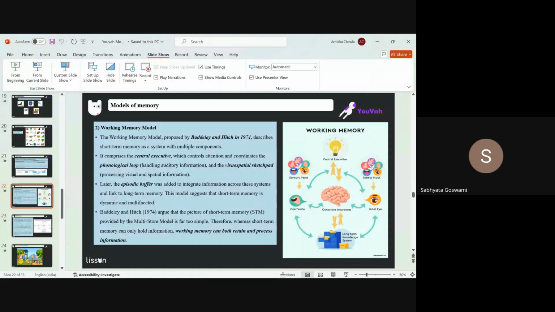So basically what happened in this model was that the working memory was divided into three major chunks, which was the central executive, the phonological loop, which handled auditory information, and the visuospatial sketchpad, which processed all the visual and spatial information. And later, through follow-up research, episodic buffer was also added, which would integrate all the information across these systems. Okay, so let's just see how this particular model works in the next slide.